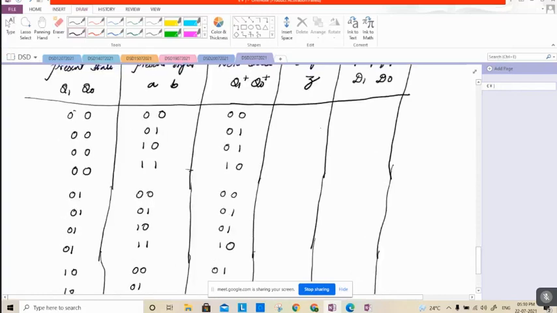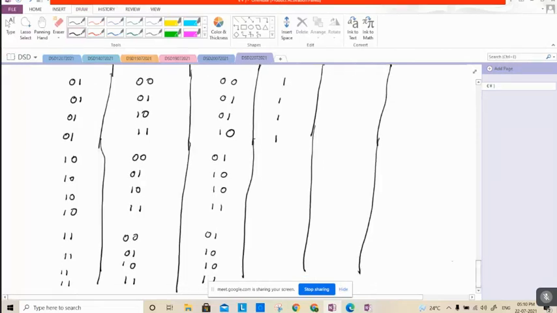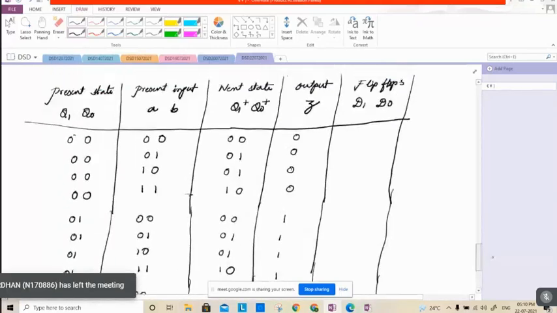So whenever it is G0, outputs are zeros, and whenever it is G1, outputs are ones. Whenever it is H0, outputs are zeros. Whenever it is H1, outputs are ones. Right.